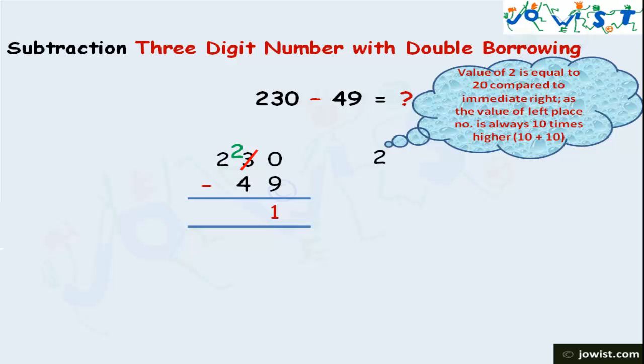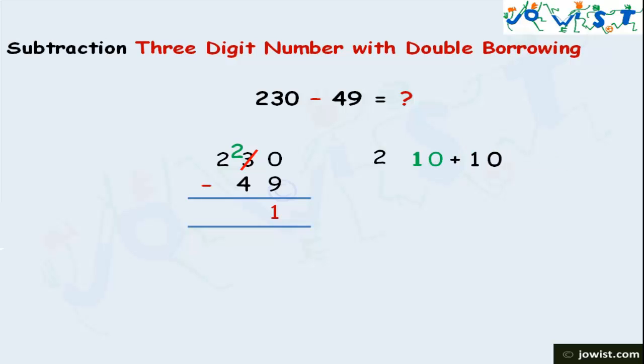The value of 2 in the hundreds place is equal to 20 compared to the immediate right, as the value of the left place number is always 10 times higher. So we can write 10 plus 10. This 10 will be borrowed by the digit in the tens place, making the number 12. Now 4 will be subtracted from this 12.